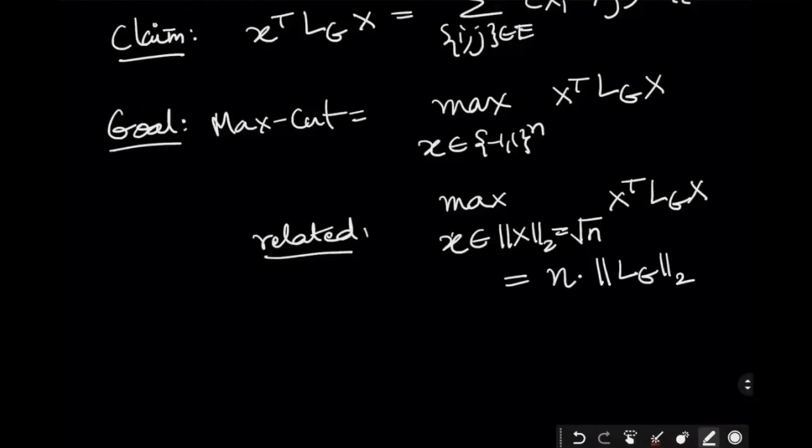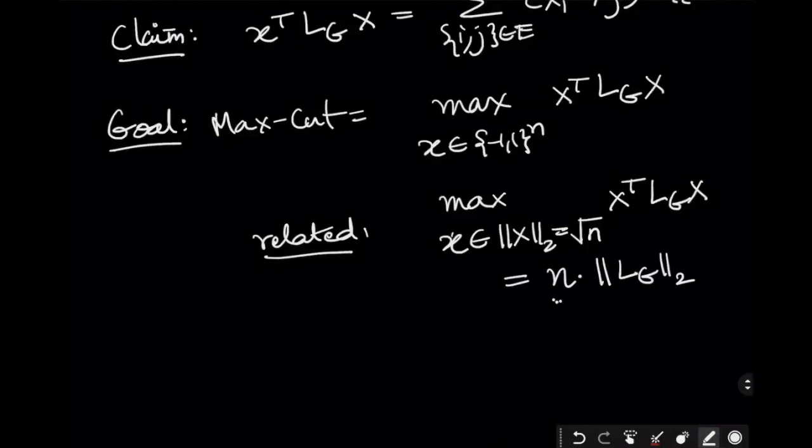So this is the maximum of all possible quadratic forms on vectors of length root n. And on homework 0, I think you proved that this equals the square of the norm of the vector times the spectral norm of the matrix L sub G.